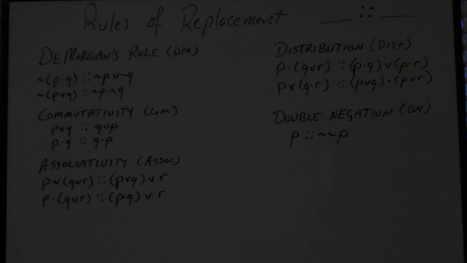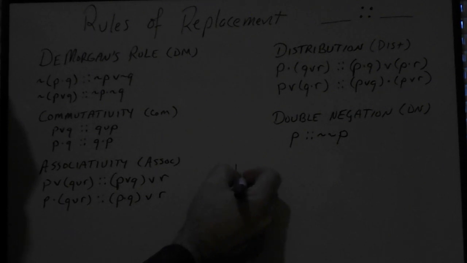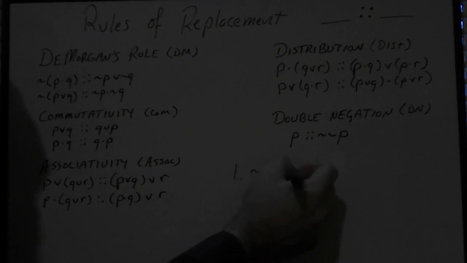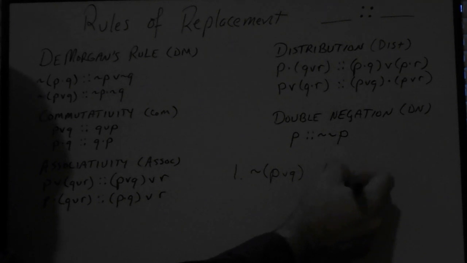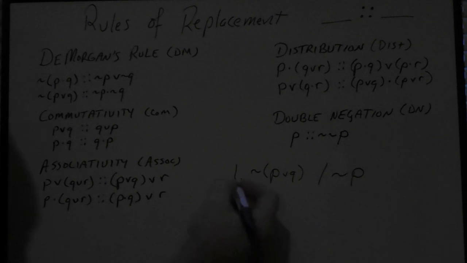Suppose that you had an issue such as this, where your first premise is not (P or Q), and you wanted to reach the conclusion of not P. Well, the way it's stated here, there's really no way you can do that using our 8 rules.